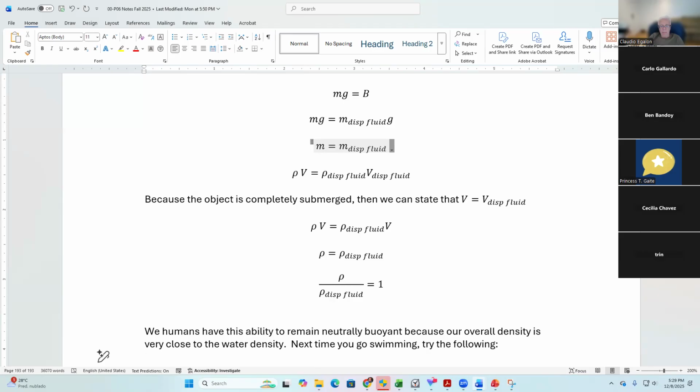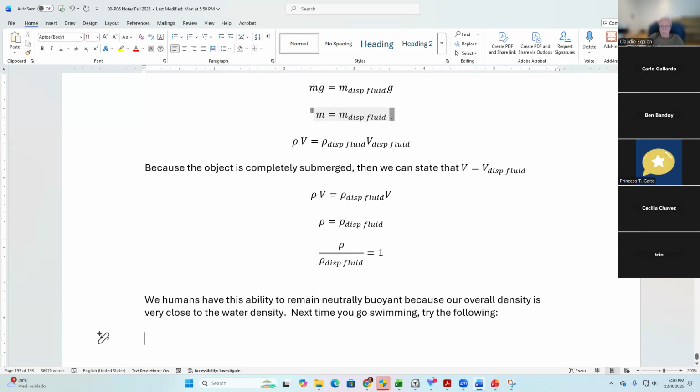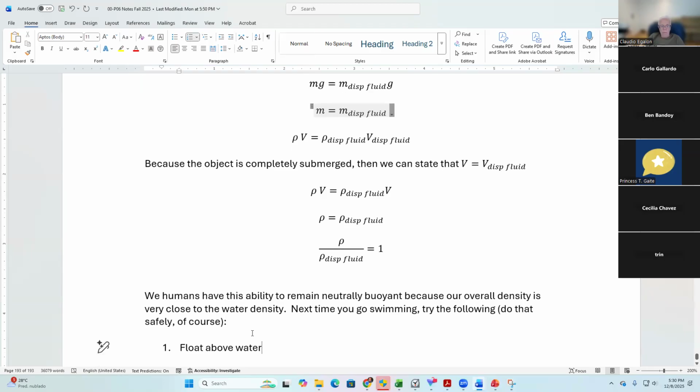Float above the water, but do that safely, of course. Float above the water and completely exhale.